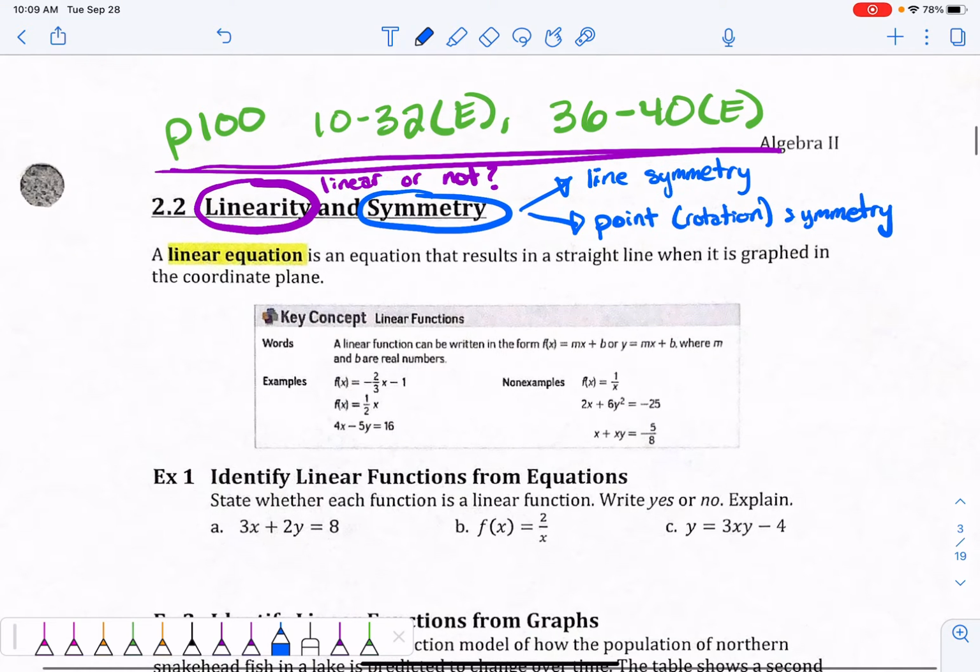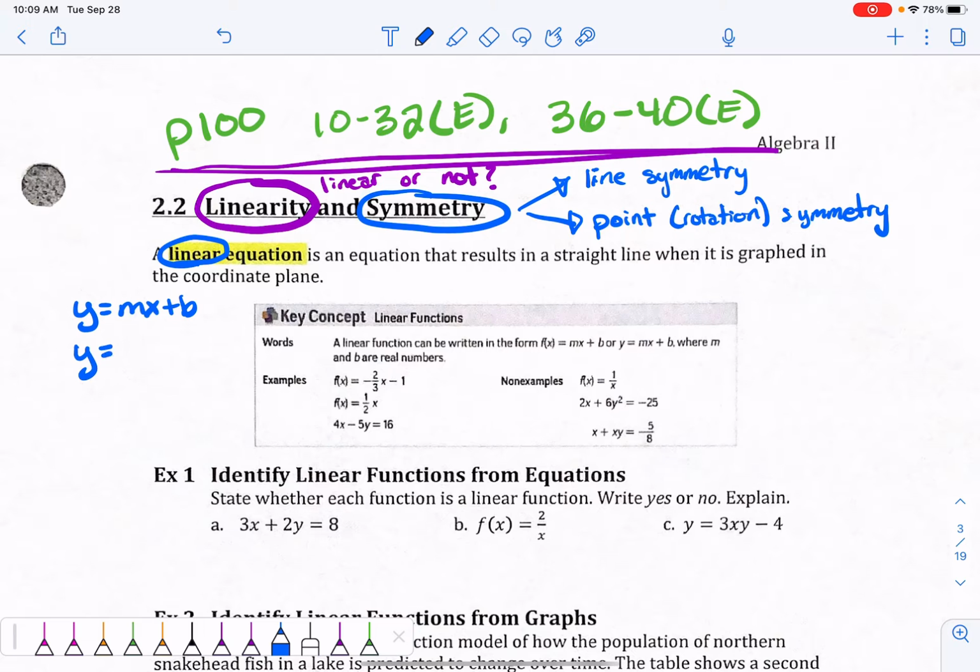So a linear equation, we've talked about linear equations before, and they usually look like y equals mx plus b. You know, and those will have numbers in there. So like y equals 1/2 x minus 6. That's a linear function. But we've also found that it doesn't have to be written in y equals mx plus b to be linear, right? Like sometimes we'll have like -3y plus 2x equals 5, and then we would have to solve for y.